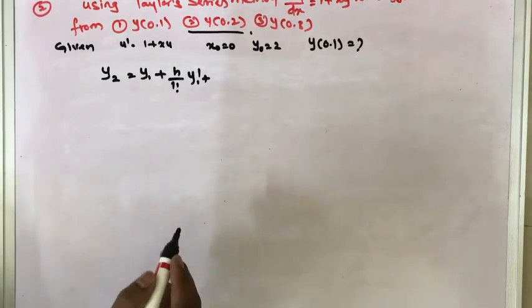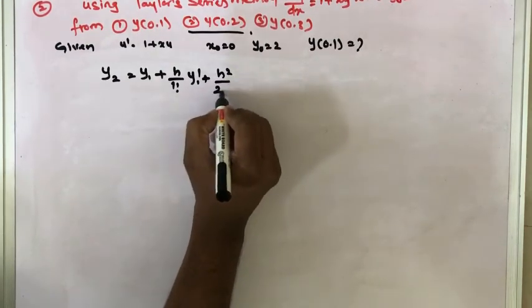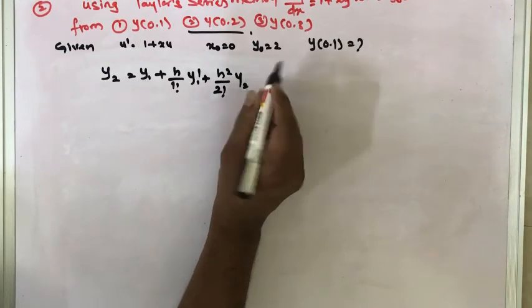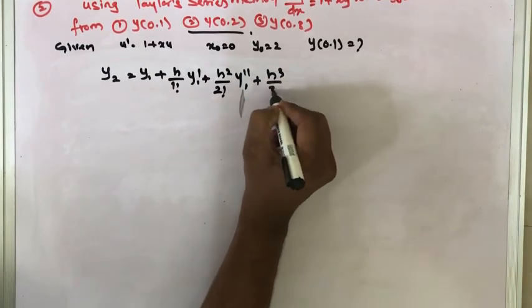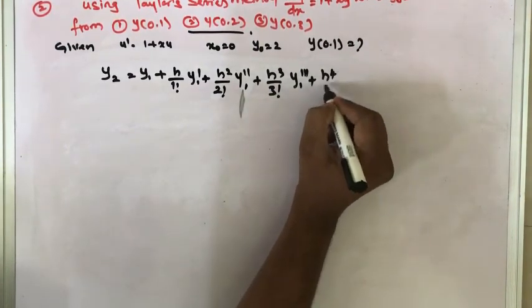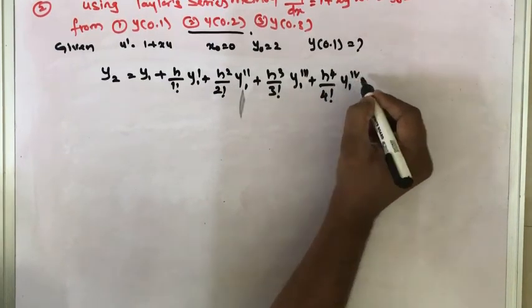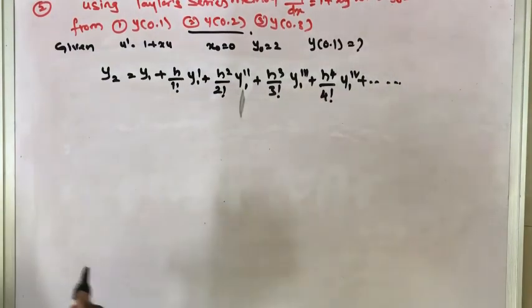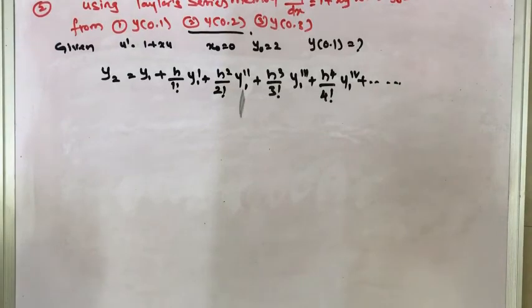Earlier it was y0 dash, now it will be y1 dash, plus h square by 2 factorial into y1 double dash, plus h cube by 3 factorial into y1 triple dash, plus h raised to 4 divided by 4 factorial into y1 quarter dash, plus so on. This is the second approximation, the Taylor series equation for the next approximation.